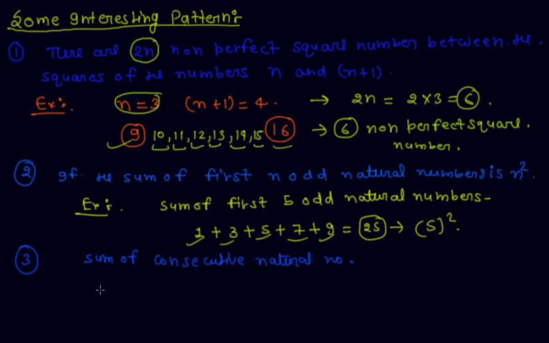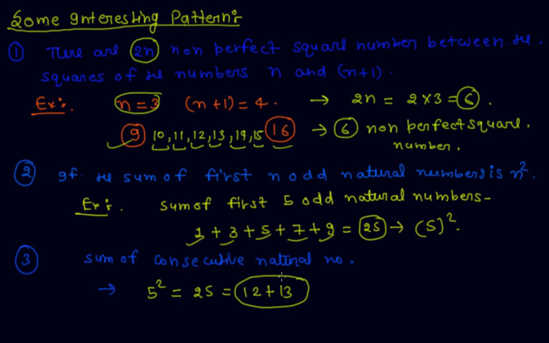If I take a perfect square, like 5 square, which is equal to 25, it is always 12 plus 13. Then every perfect square is expressed as the sum of consecutive natural numbers.